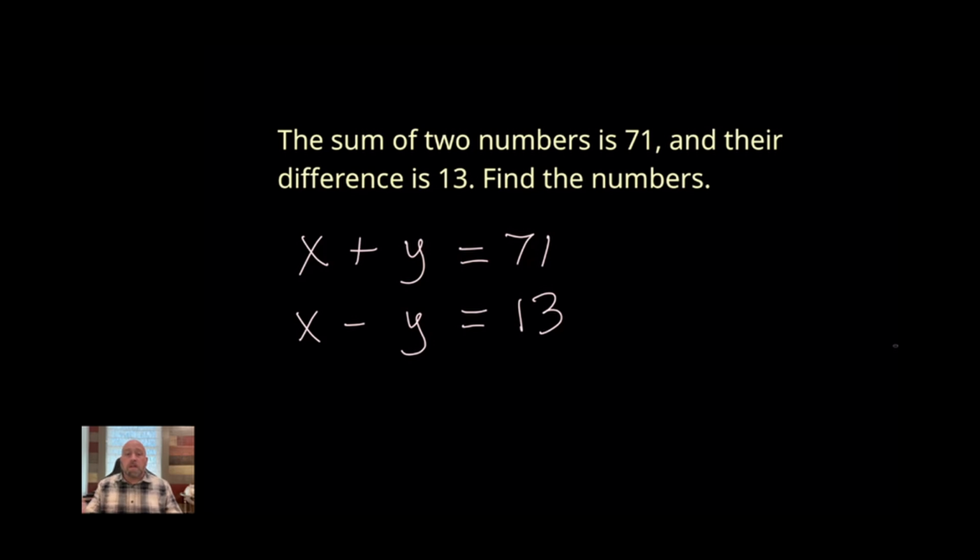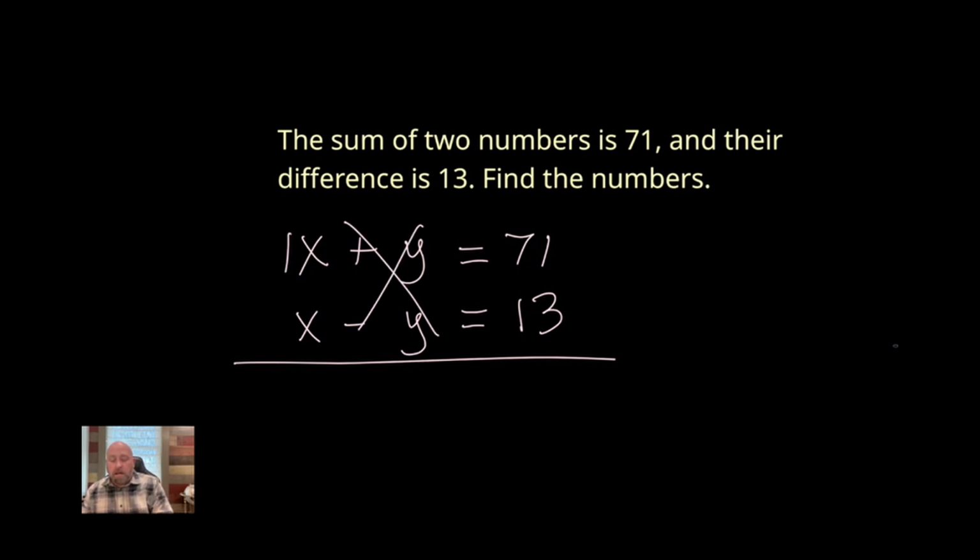Okay, so we can use a system of equations. Notice we can use a couple different ways to do this. One way is by using elimination. I like the elimination method here because the y's actually eliminate right out of the gate, and we have 1x plus 1x. Remember, we're adding here, and so 1x plus 1x is 2x.